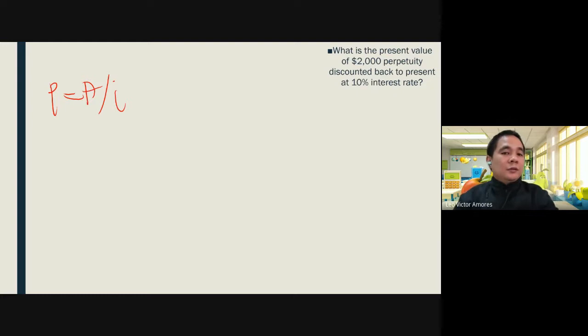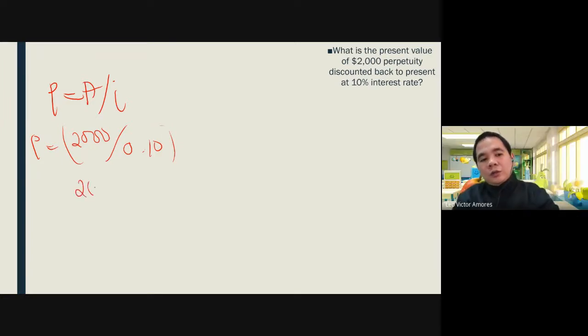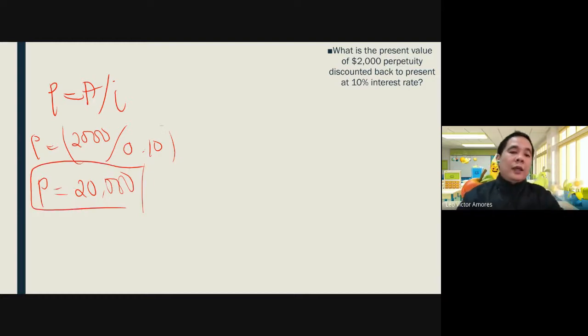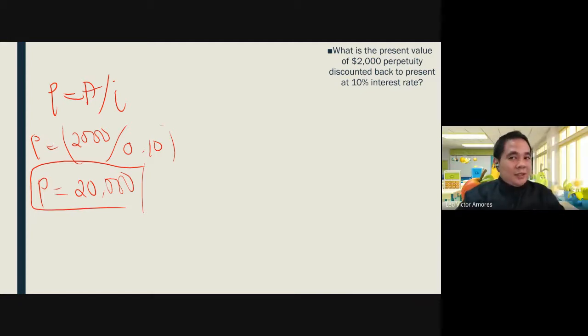That is 2,000 divided by 0.10. How much is that? 20,000, sir. So that is 20,000. What does this mean? If I pay 20,000, I can get 2,000 until the day I die, on a perpetuity basis, not on an annuity basis.